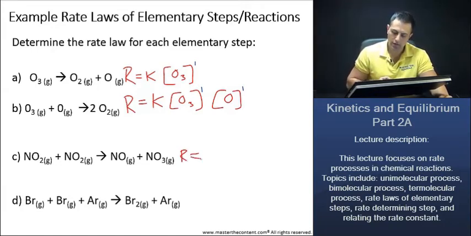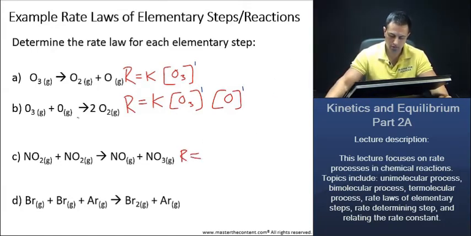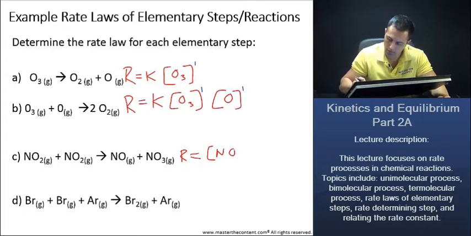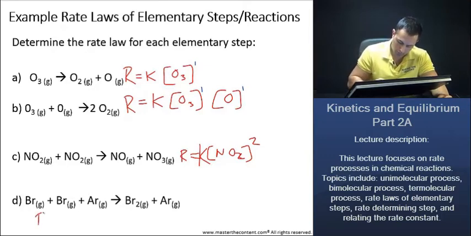Now we see that we have two nitrogen dioxides, right? And when we have two of the same reactant, we said that we just put it to the second power. Okay, great. Oh, forgot the rate constant there. Wonderful. Moving on.